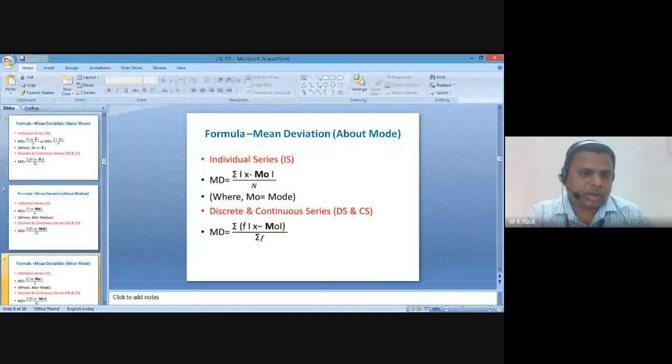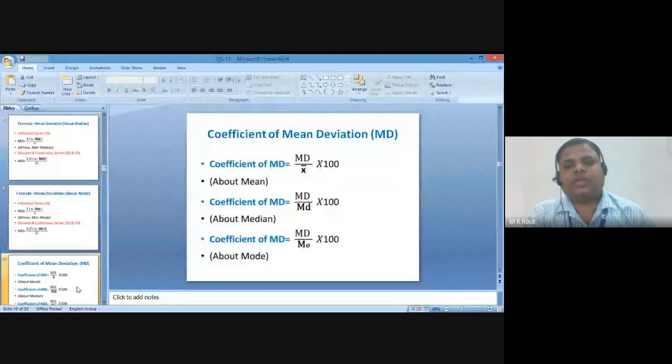Shall I move to the next one? We have already finished mean, median, mode. Then the next formula is for calculation of coefficient of mean deviation. The first formula, coefficient of mean deviation about mean, equals mean deviation divided by x bar into 100. Here x bar stands for mean and MD stands for mean deviation. Similarly, the second formula, coefficient of mean deviation about median, equals mean deviation divided by median into 100.